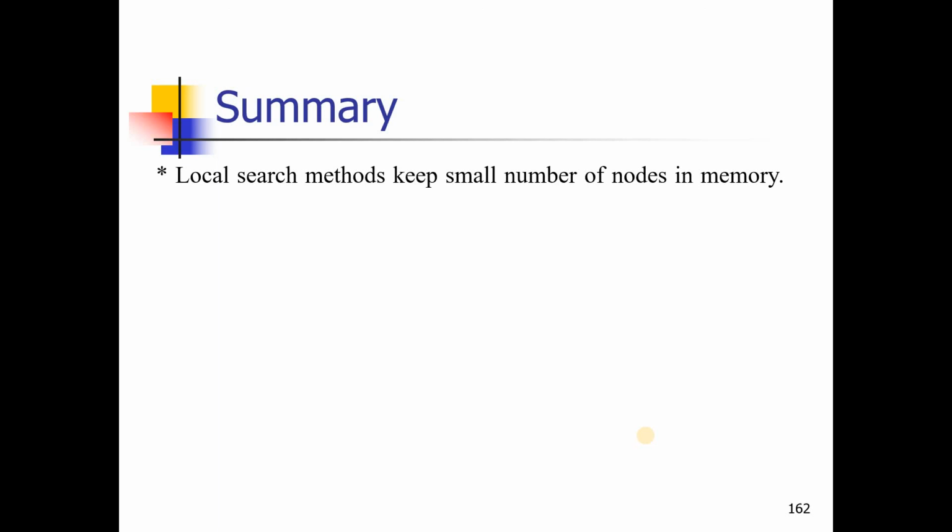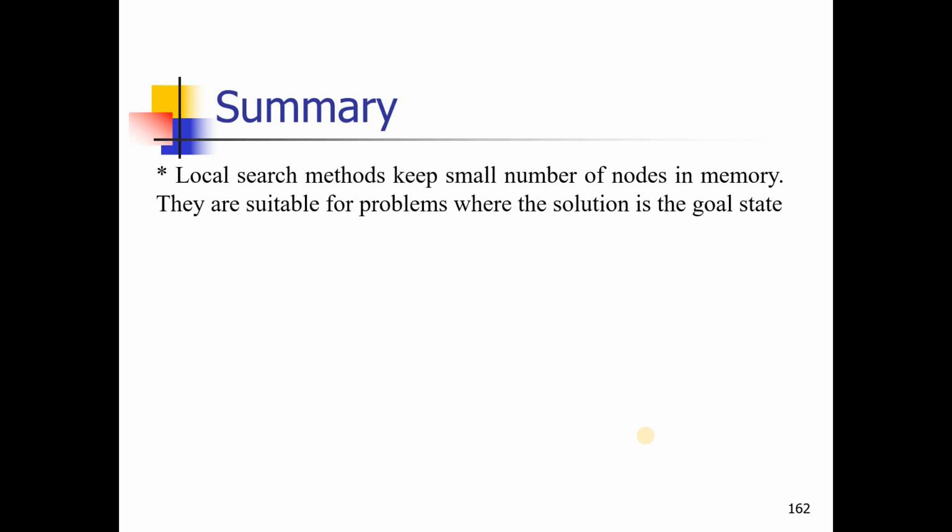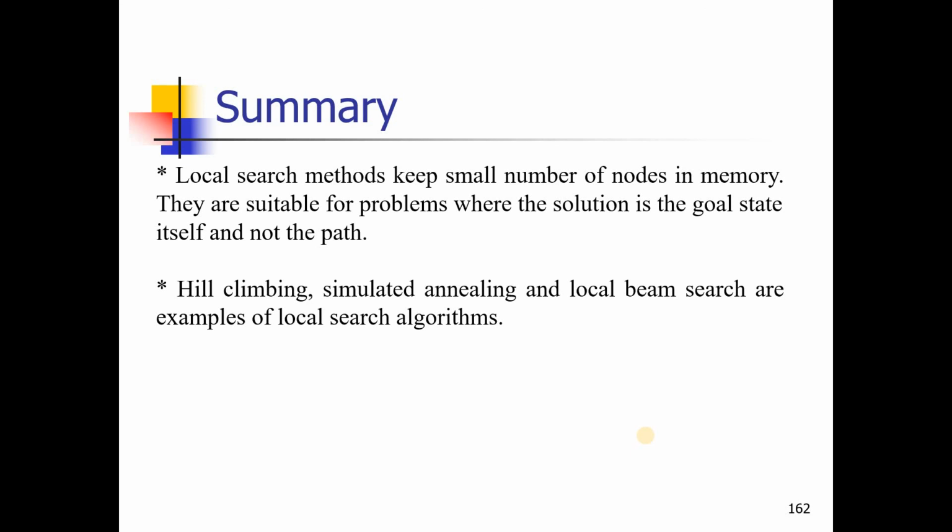Even in the case of taboo search, they are keeping track of fewer memory nodes as compared to the overall number of states. They are suitable for problems where the solution is the goal state only. We are not interested in the complete path like in the case of maps like Google Maps. We are interested only in the goal state.